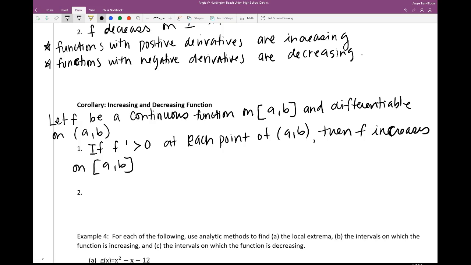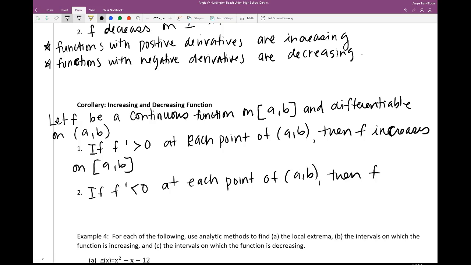Okay, if f prime is less than 0, which is negative, at each point of open interval a to b, then f decreases on a to b.